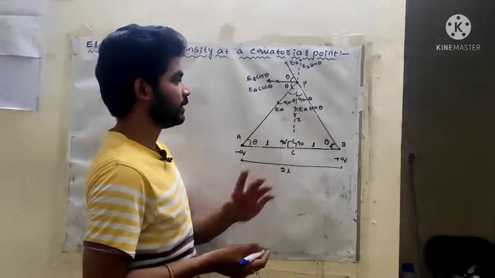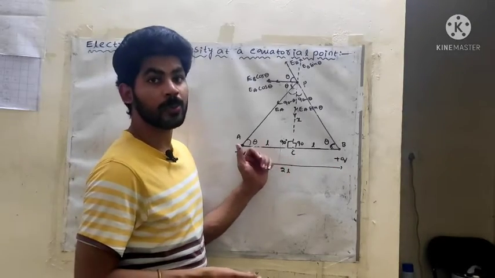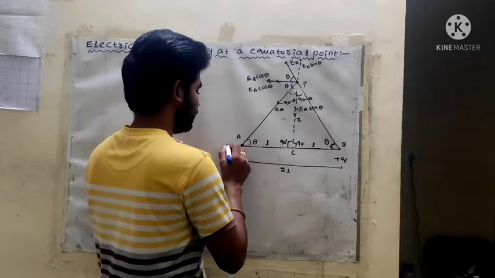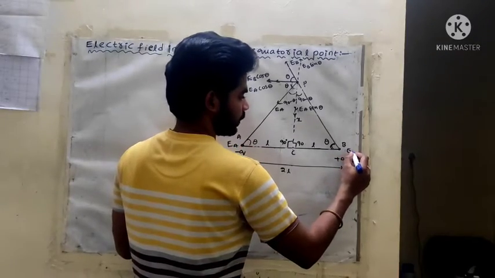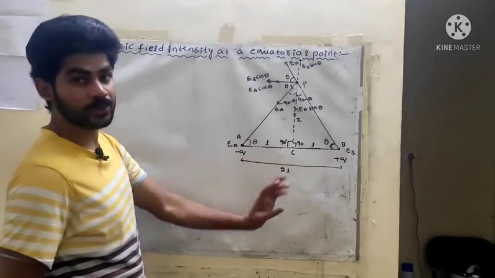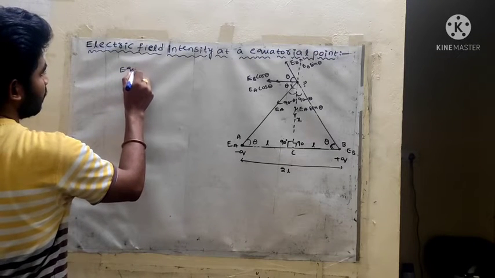This is EB sin theta and EA sin theta: equal magnitude and opposite signs. The electric field intensity here is EA and here is EB, and they have the same magnitude.